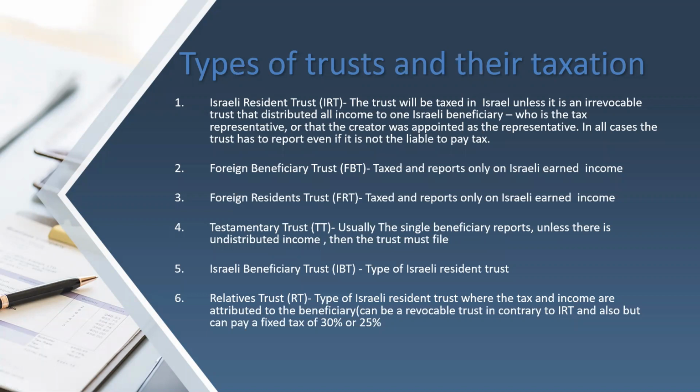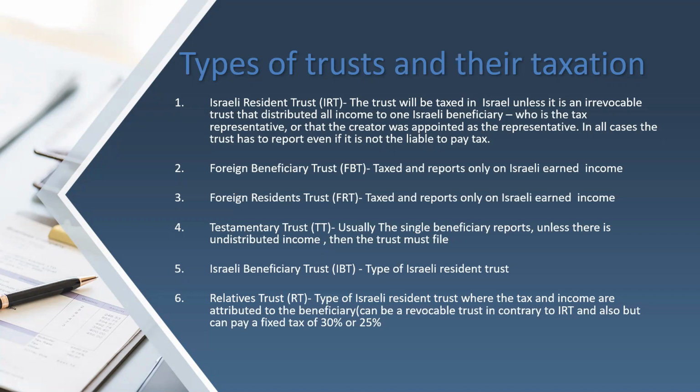So the first one is the Israeli Resident Trust, IRT. The trust is taxed in Israel unless it's an irrevocable trust that distributed all income to one Israeli beneficiary, who is the tax representative, or that the creator was appointed as a representative. In all cases, the trust has to report even if it is not liable to pay tax.